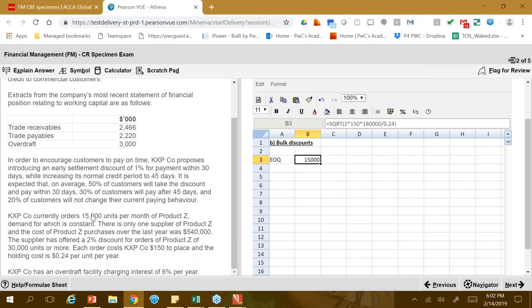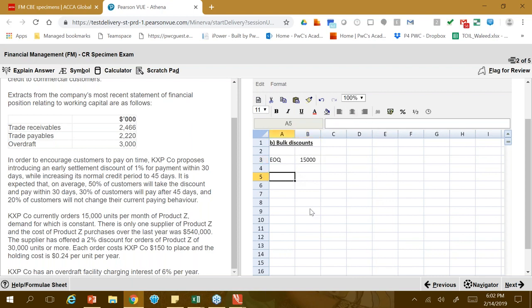So what was given here was actually the EOQ, but it's worth checking that always. So 15,000 units is the EOQ here. Please remember: SQRT, to take the square root, and in brackets 2 into CO into D over CH. This is how we work out the EOQ.